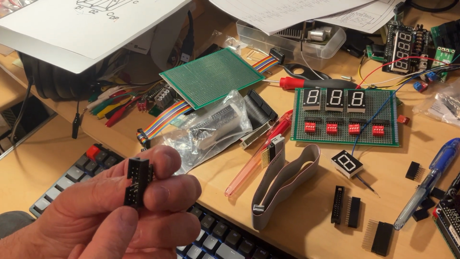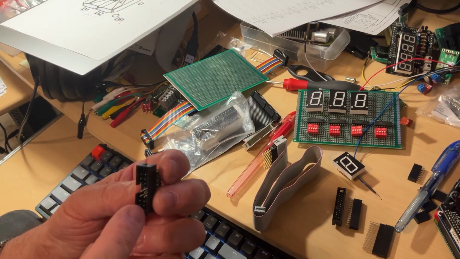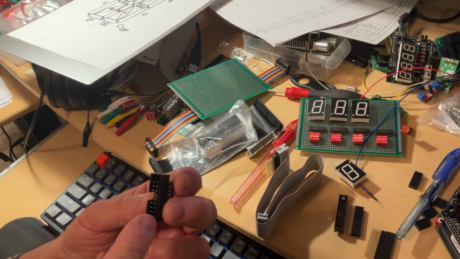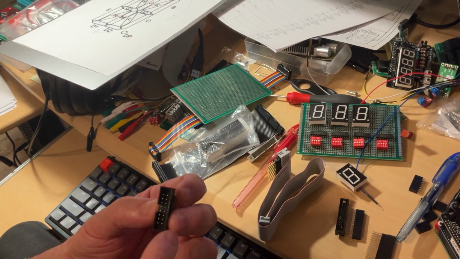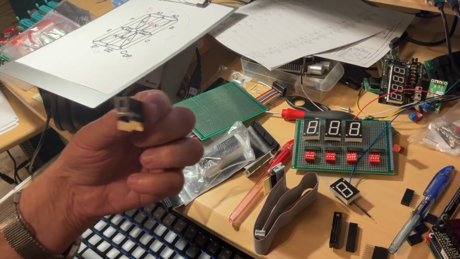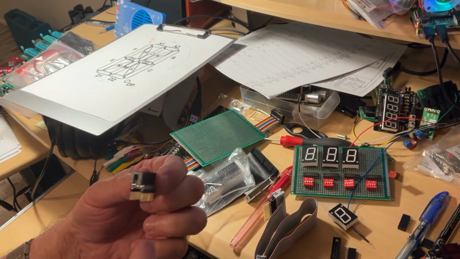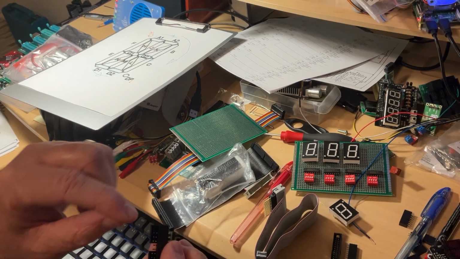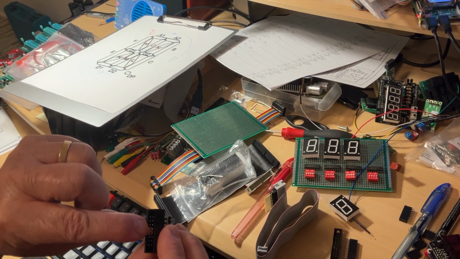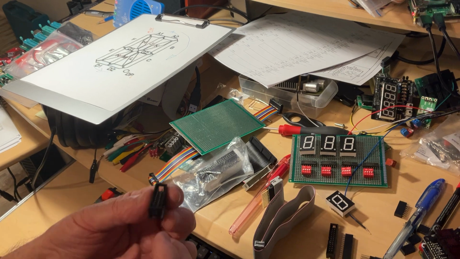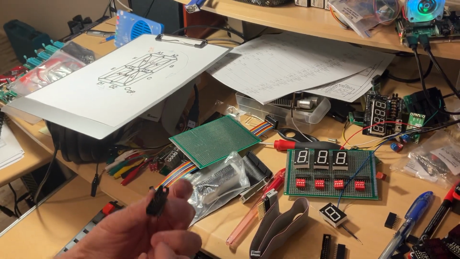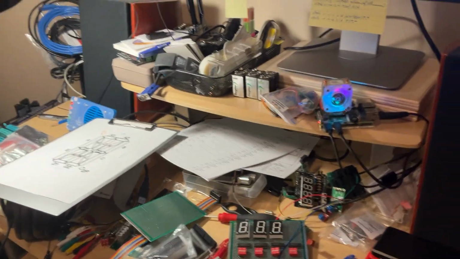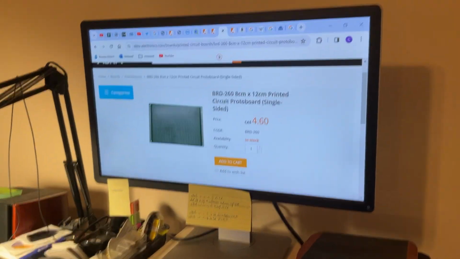Unfortunately, I couldn't find it yet because it's out of stock. I'm going to get it later, so I had to improvise something else. But the best thing you can get is this thing here. As you can see in the bottom, it has 0.3 inches, and in the top it has 0.1 inches. So that's an adapter going directly on the breadboard. And I have two versions here to show.